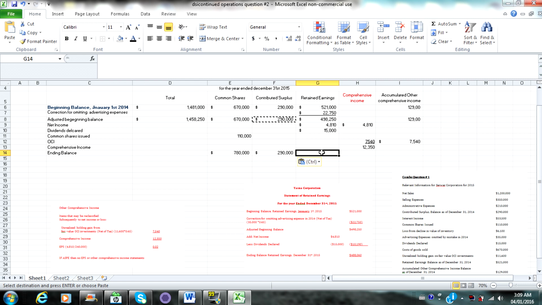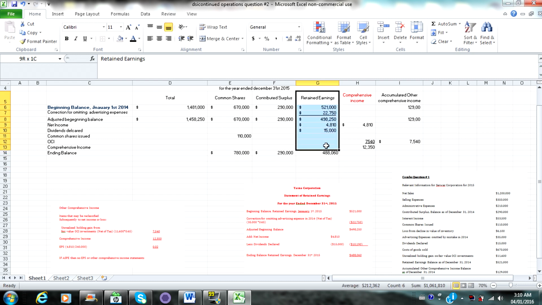For retained earnings, your ending balance is going to be your adjusted beginning balance plus your net income, minus your dividends declared. Or it's just going to be the exact same as is presented on your statement of retained earnings, which is $488,060.